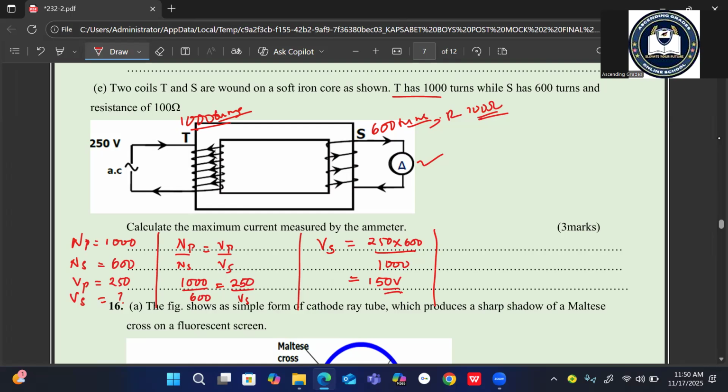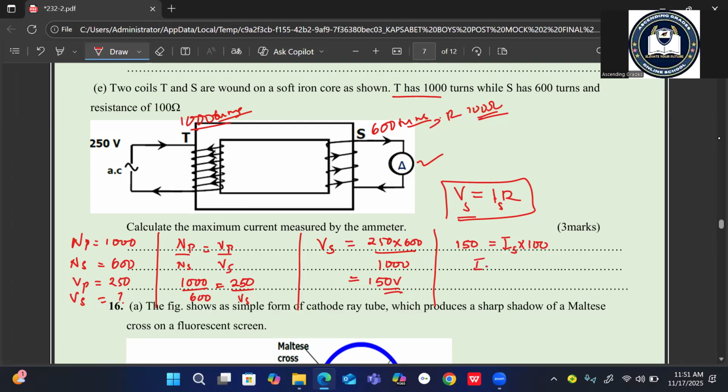Now, since we are looking for the current, from Ohm's law, V can be given by IR. So this is now the secondary, and this is the current at the secondary. So you can say that 150 volts will be given by the unknown current at the secondary coil times the resistance of 100 ohms.